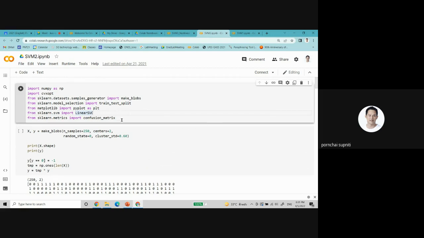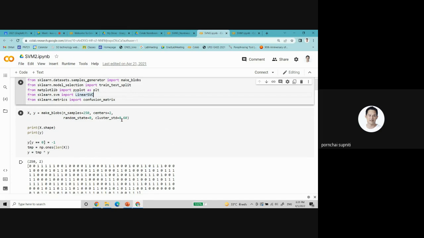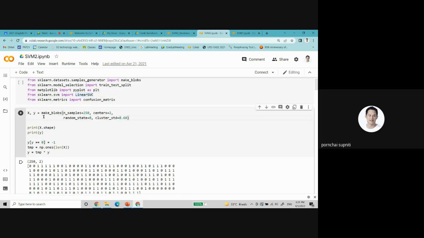Okay. So let's take a look at some code together. So first, we can start by generating the data between two sets of data. So we use the function called make_blobs, and the number of points is 250.